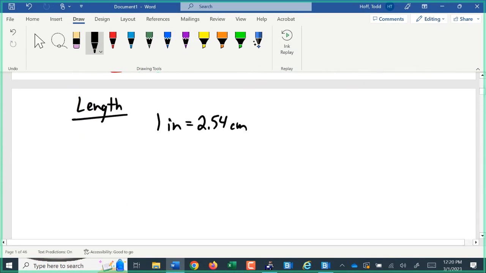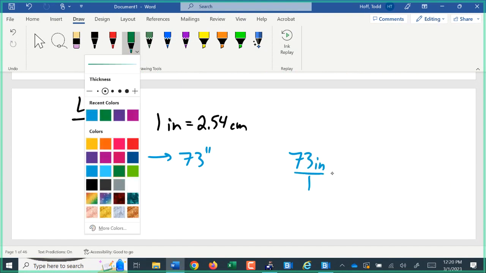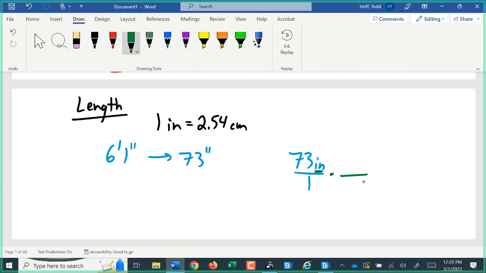So if we have a patient, again, that comes in at 6 foot 1 inch, or 73 inches, and we're doing a body surface area calculation or other calculation, we need to have that in centimeters. So we'll put our 73 inches over 1, and again, we're getting rid of inches. Inches are on top, so we put it on the bottom, so it cancels out.